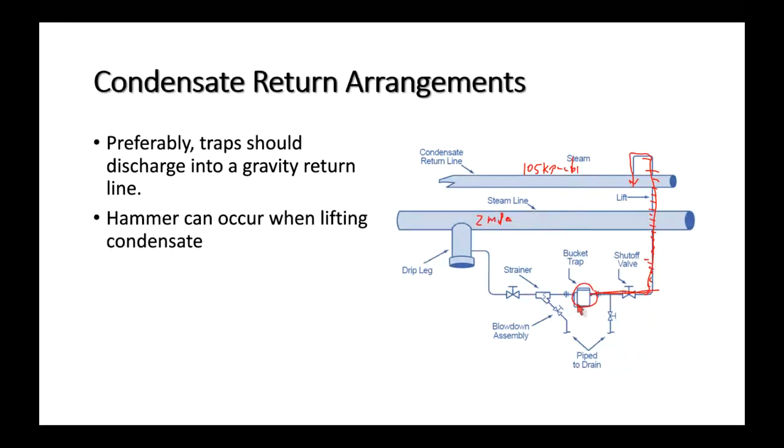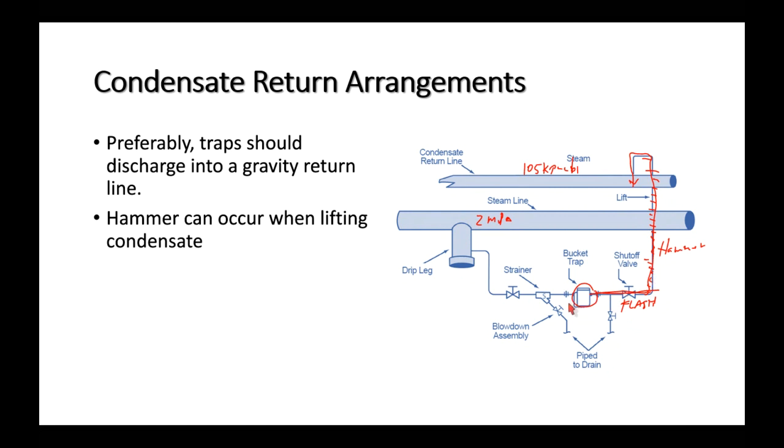So we've got a delta P, and when the bucket trap opens, we're going to get flash steam each time that trap discharges. That flash steam is going to condense in this vertical line, and we're going to get water hammer.